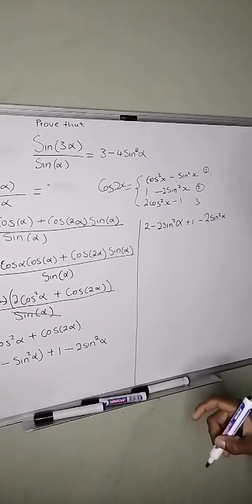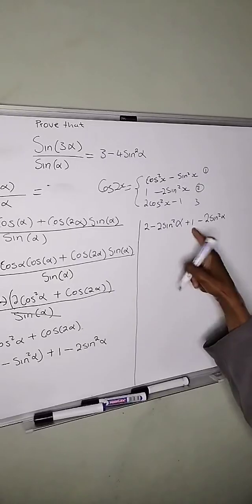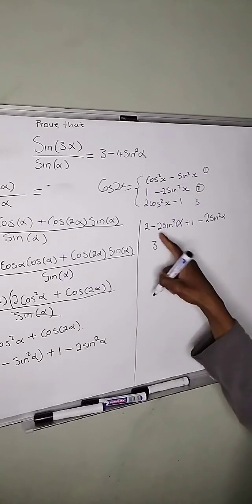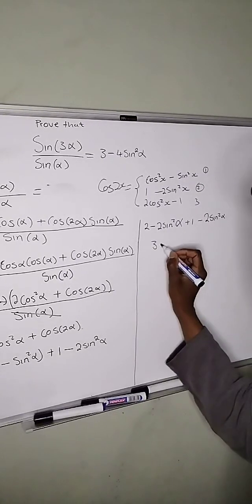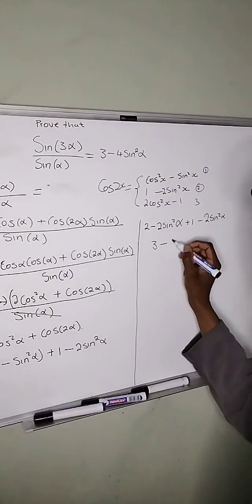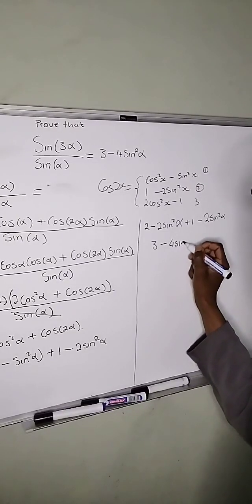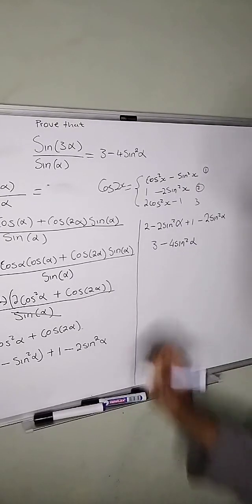So 2 plus 1 is going to be 3, minus 2 minus 4 sine squared.